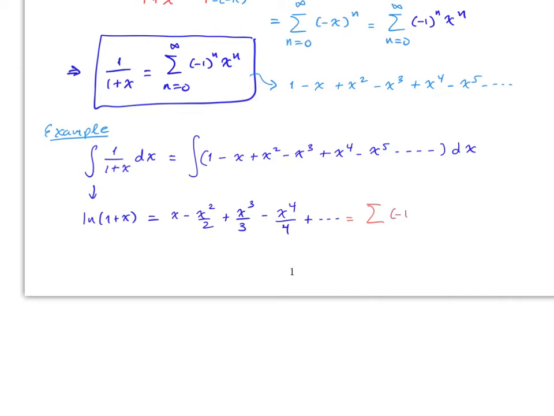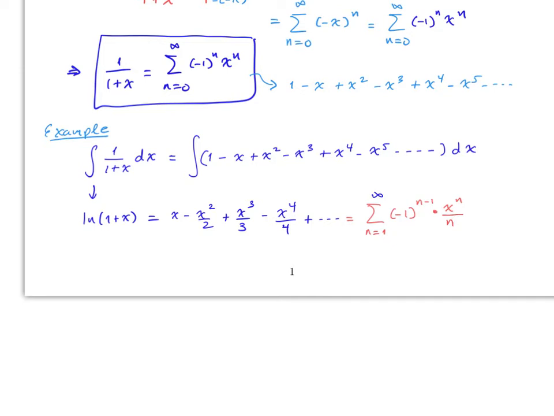So therefore, we're going to need negative 1 to some power, and it could be n plus 1 or n minus 1. If n is 1, notice that 1 minus 1 is 0. Anything to the 0 power is 1, so it will be positive. Then times x to the n. If n is 1, this will be x to the 1. If n is 2, you'll get x squared, and so forth. And then on the bottom, this will be n. And obviously, this goes all the way to infinity.